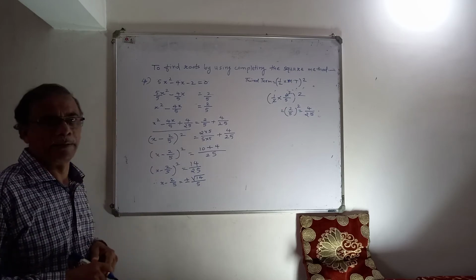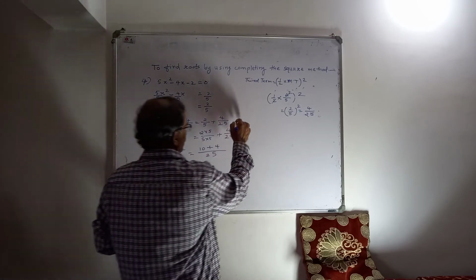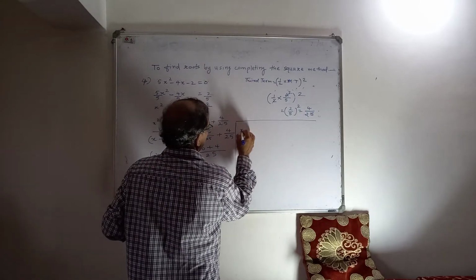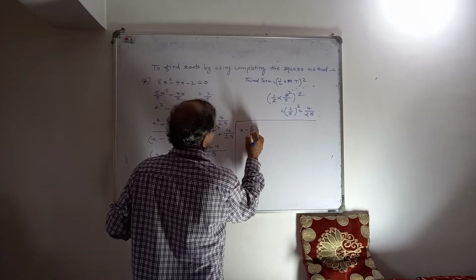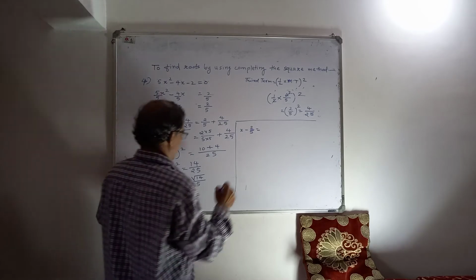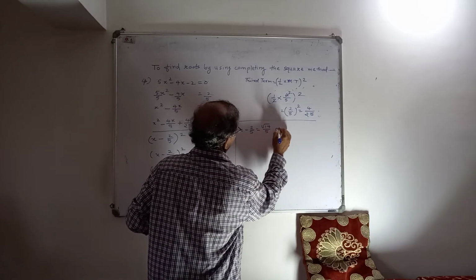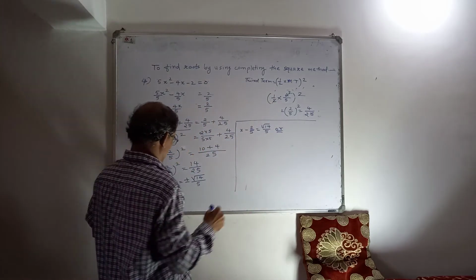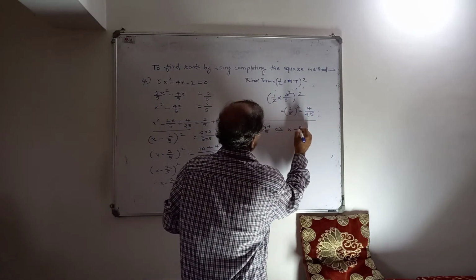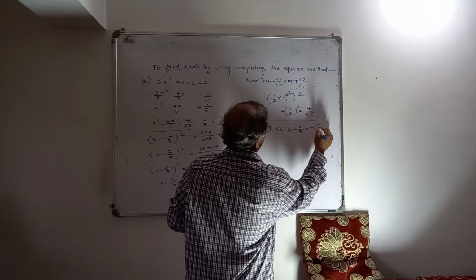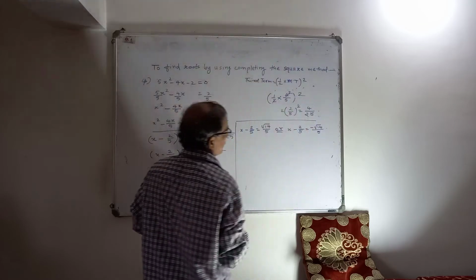So now the last part. So x minus 2 upon 5 is equal to root 14 upon 5 or x minus 2 upon 5 is equal to minus root 14 upon 5.